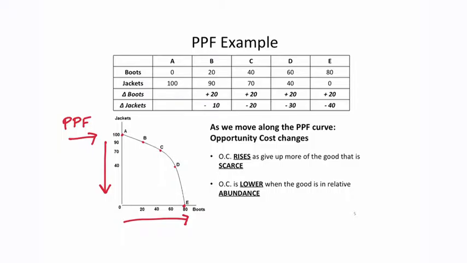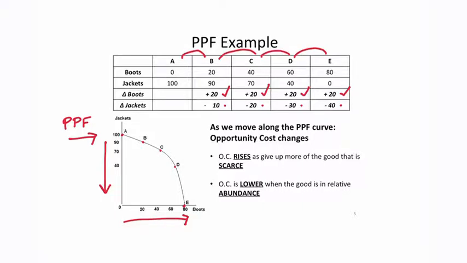Specifically, from point A to point B, 20 more boots means that we have to give up 10 jackets. Moving from point B to C, 20 more boots means that now we have to give up 20 jackets. Moving from point C to D, 20 more boots means that we have to give up 30 jackets. And from point D to E, 20 more boots means we give up 40 jackets.